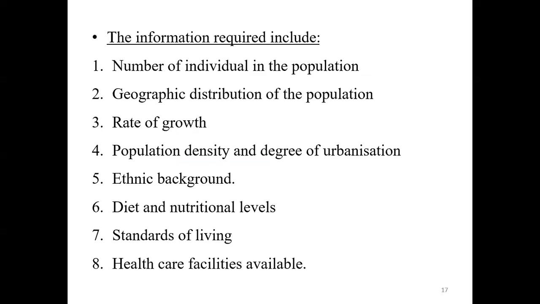The information required includes number of individuals in the population, geographic distribution, rate of growth, population density, ethnic background, diet and nutritional levels, standard of living, and the healthcare facilities.